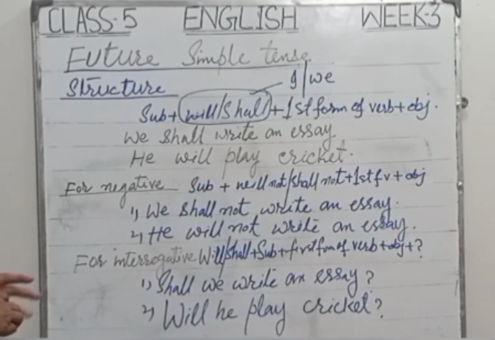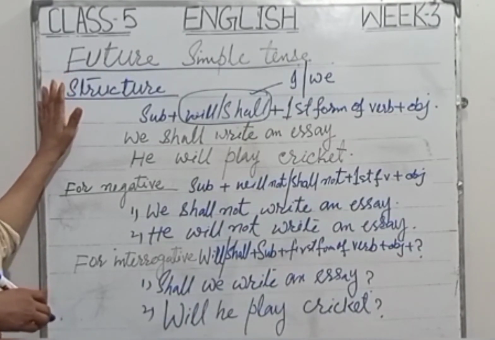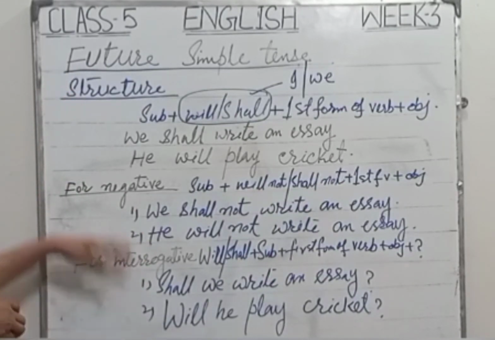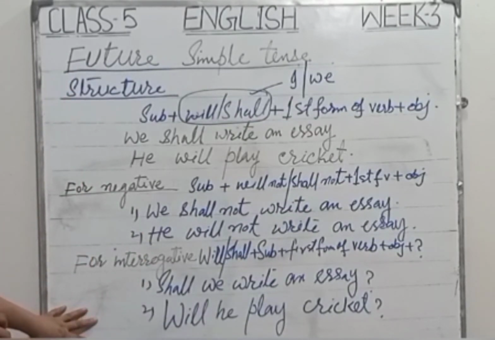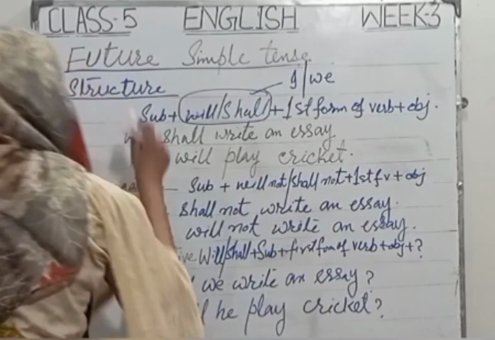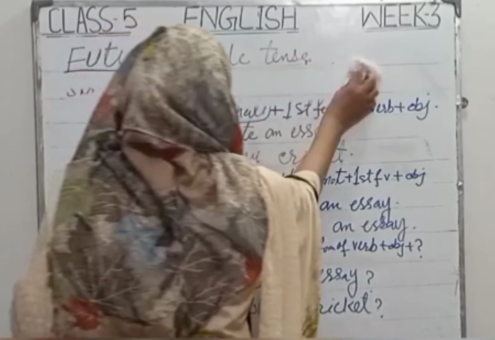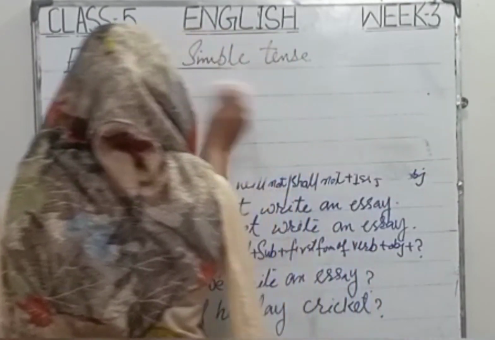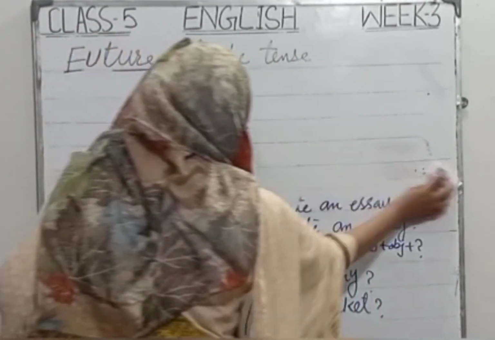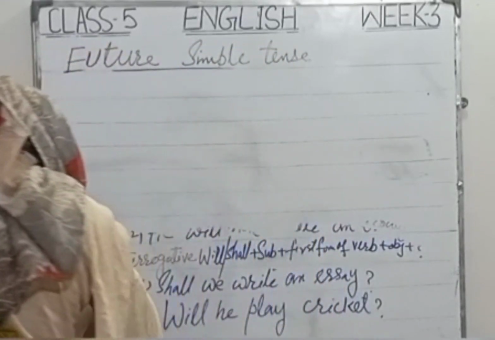Okay, students. I hope you got these points about future simple tense. Let's move towards translation. There are 4 sentences given for translation. And sentence number 1. I'm going to write here.